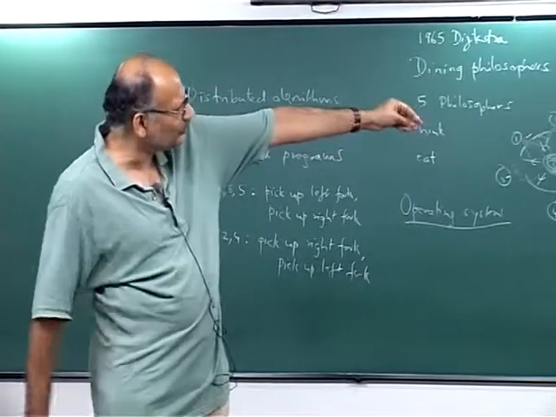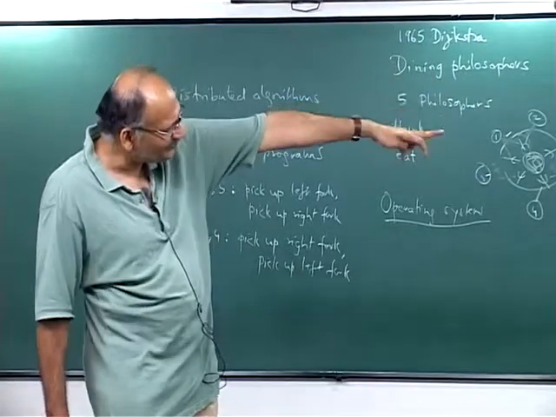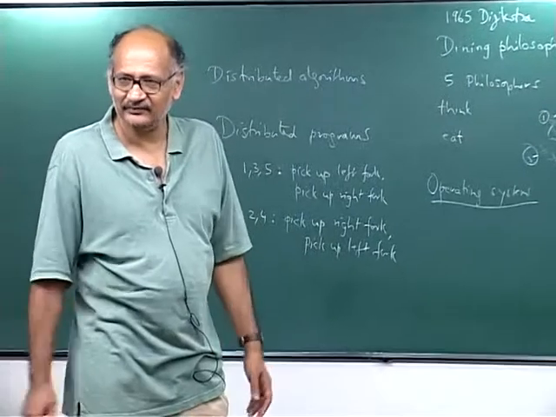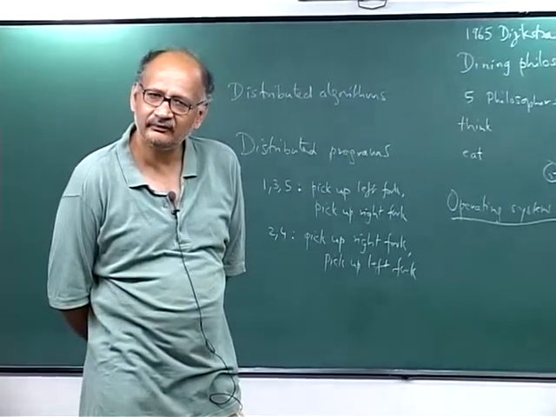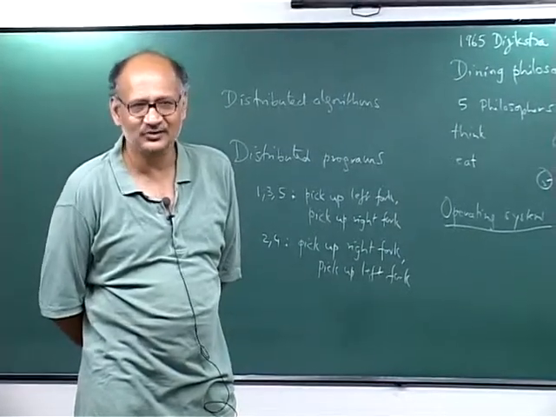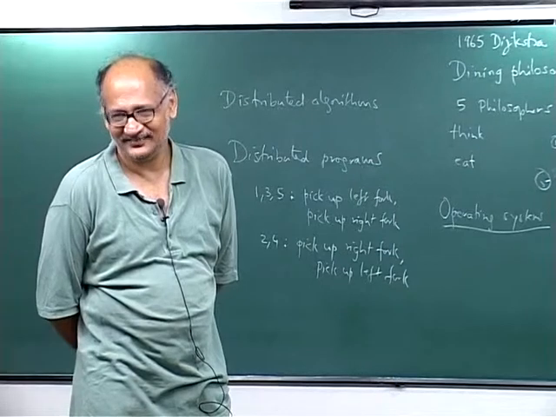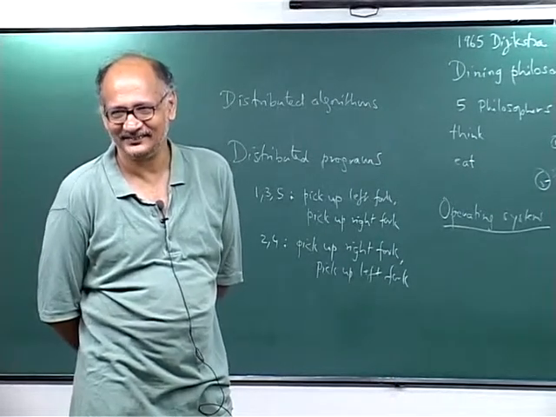No, I am assuming, see, that's why I have broken this up into smaller and smaller grains. And I'm saying that finally, if there is one action called pick up left fork, which I assume is done atomically. If I break up in between, then deadlock can't be avoided. Then show me that there is a deadlock, right? If you're saying deadlock can't be avoided, then show me where.